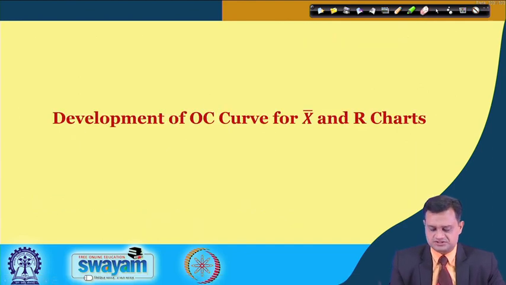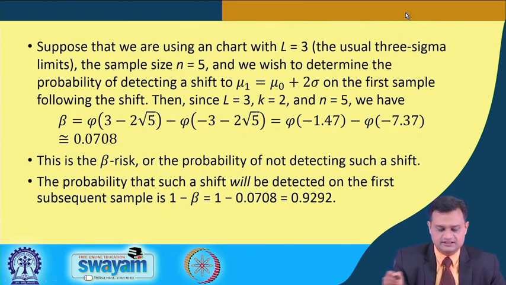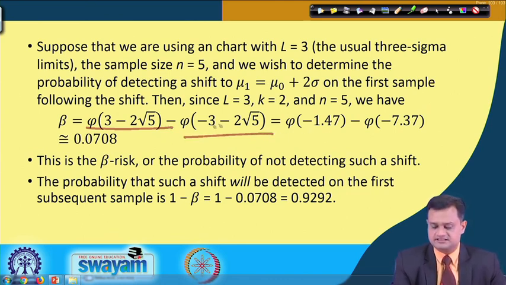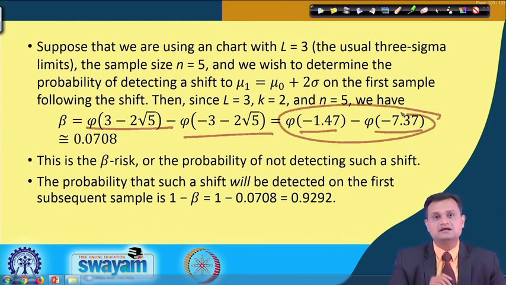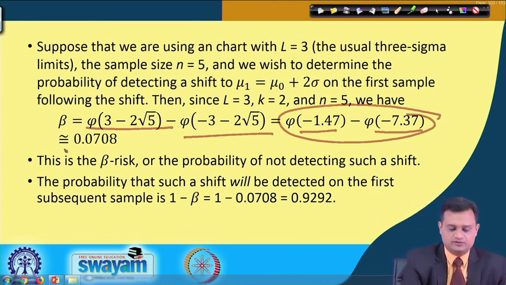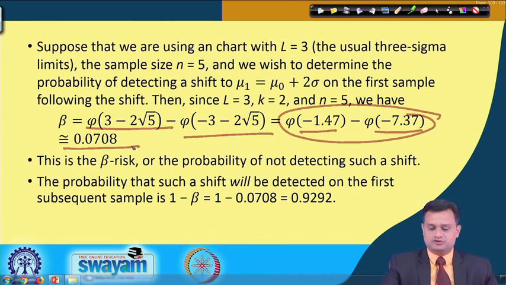So I will just substitute these values here. So I have 3 minus 2 square root 5 minus, 5 minus 3 this, and this is minus 1.7, minus 7.37, and you can get the crisp values of this from the Z table, and you will get the probability value.